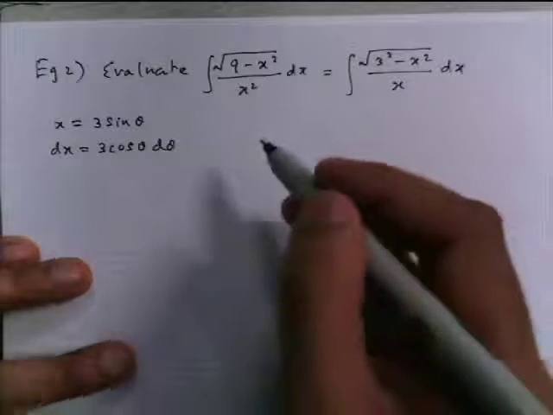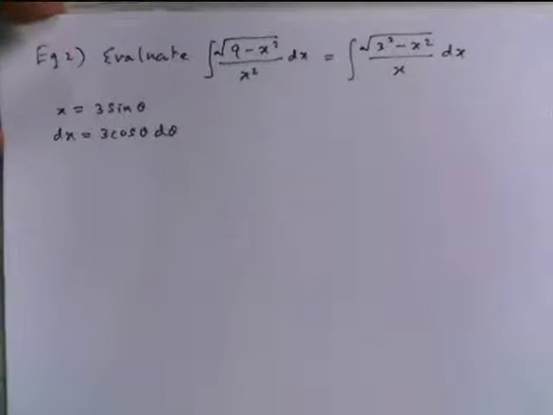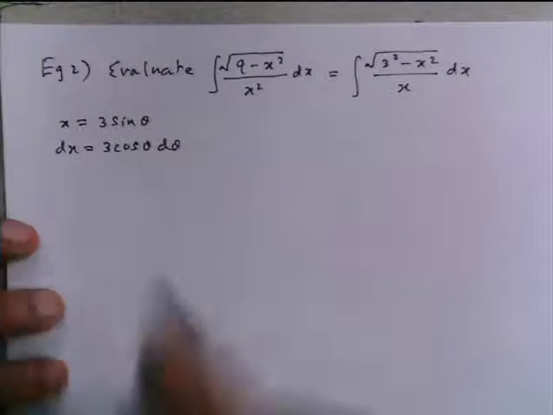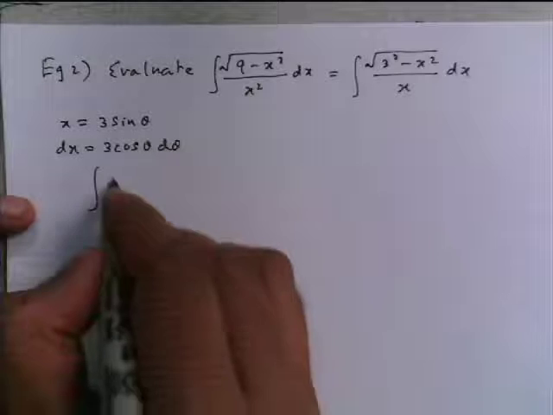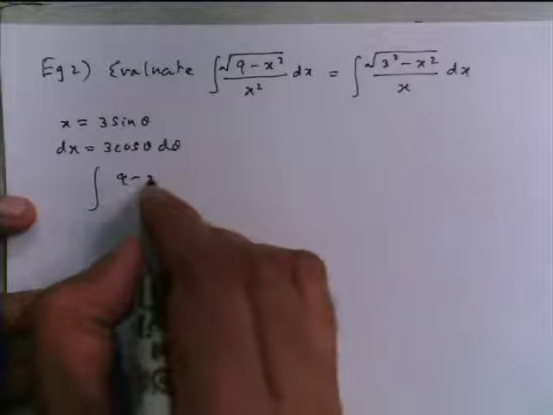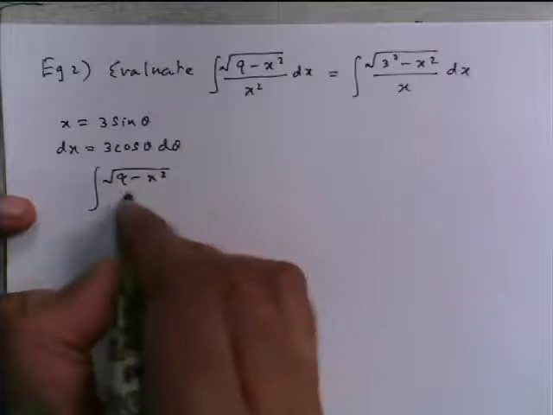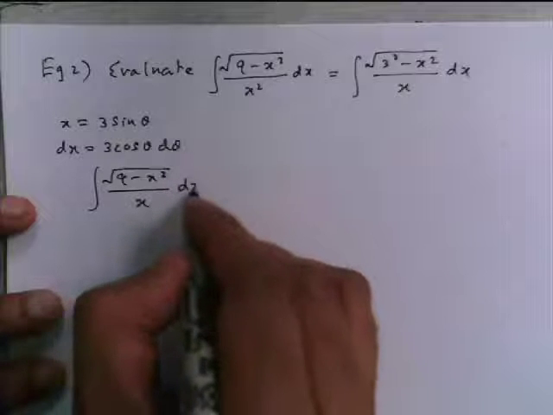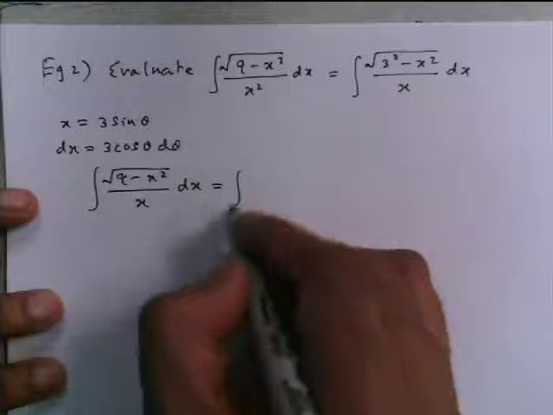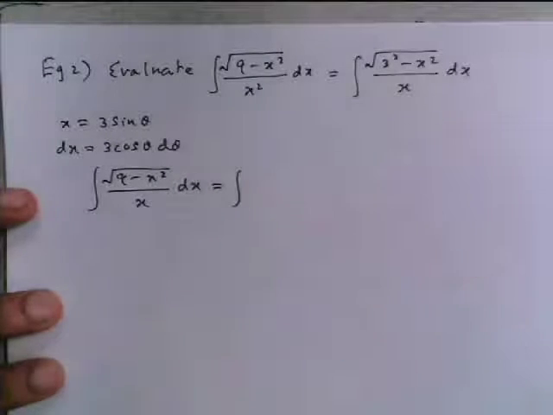Okay, so it is the square root of 9 minus x squared over x squared, dx. Your denominator is x squared.